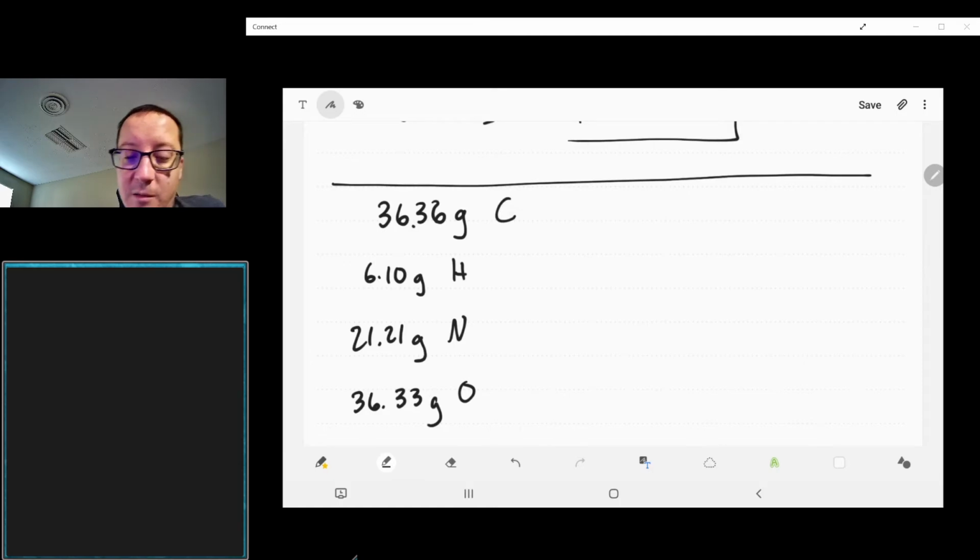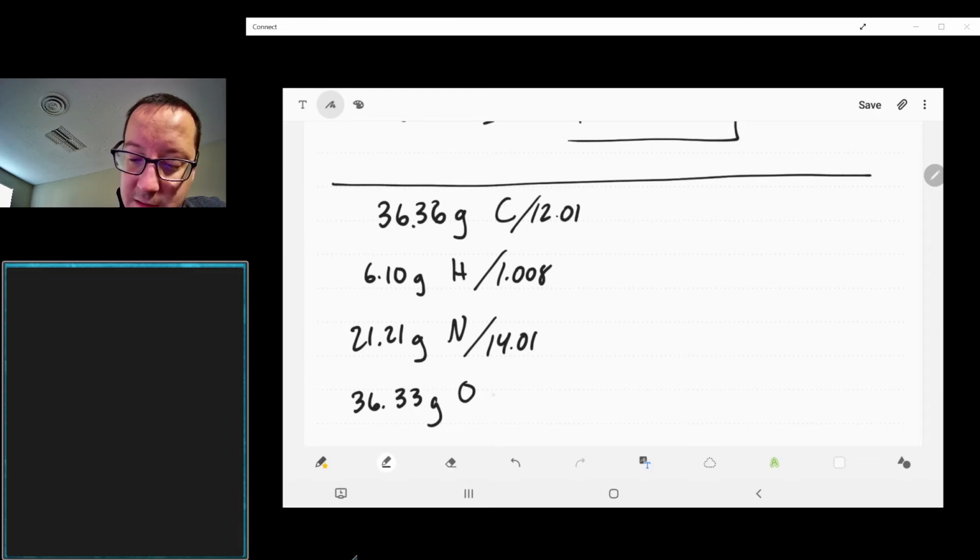Remember, we can't ever compare grams directly when we're looking at different elements. So we have to convert them all to moles first. We'll use their molar masses to convert these into moles.